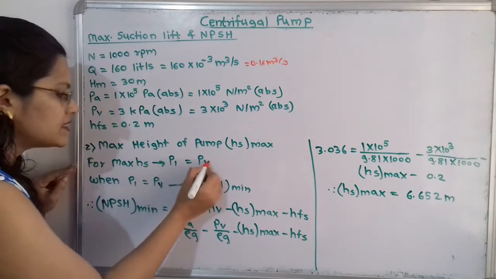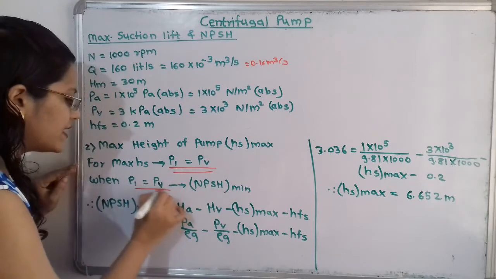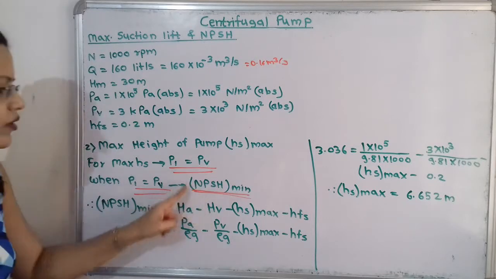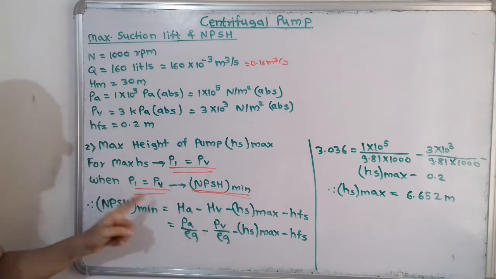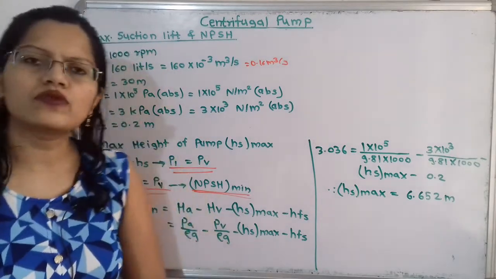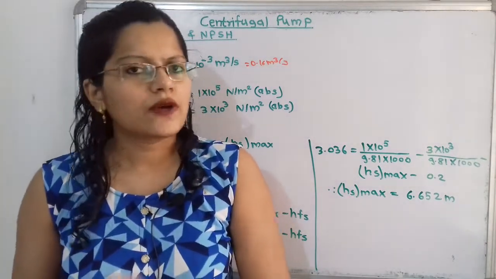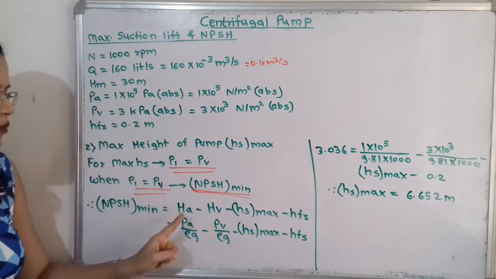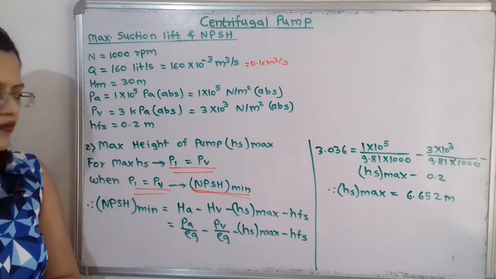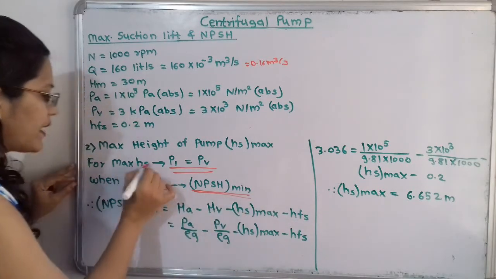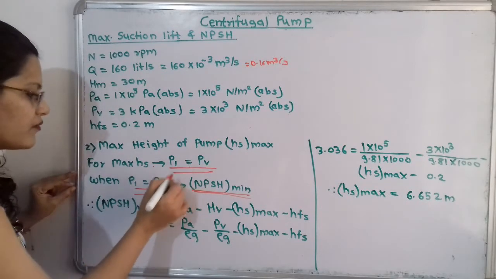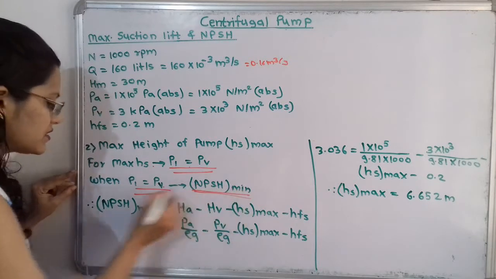But when P1 is equal to PV, then NPSH is equal to NPSH minimum. So if I take NPSH minimum, then I will get HS maximum. How to calculate NPSH? NPSH is equal to HA minus HV minus HS minus HFS. But we want HS maximum, so we take P1 equal to PV, and at this condition NPSH is NPSH minimum.